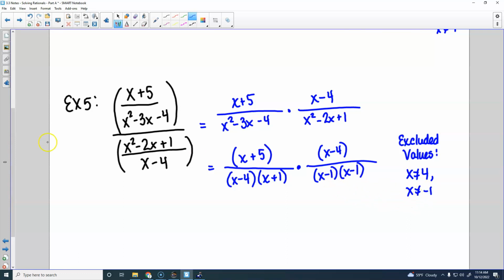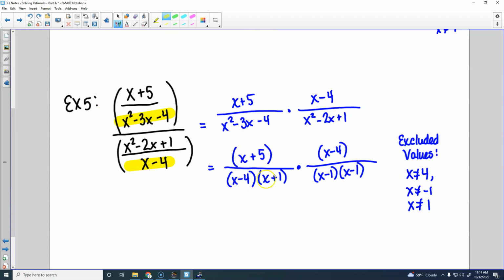You also have to consider x cannot equal +1. So you need to consider the denominator of both of these fractions. Then you also need to go back to the original problem. These were both denominators here. So you need to make sure you have included those.